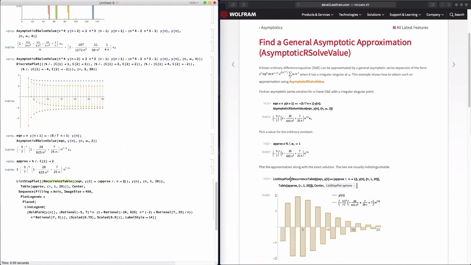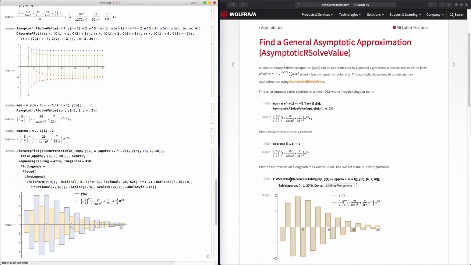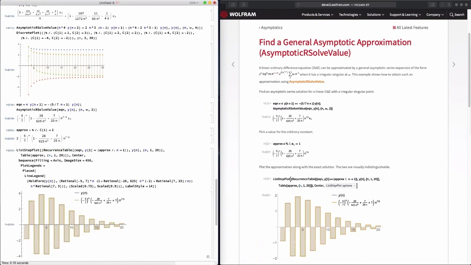And what did I do wrong? Those don't look like they line up. Oh no, this isn't the one I should have changed. Yeah, I should not have changed that one.